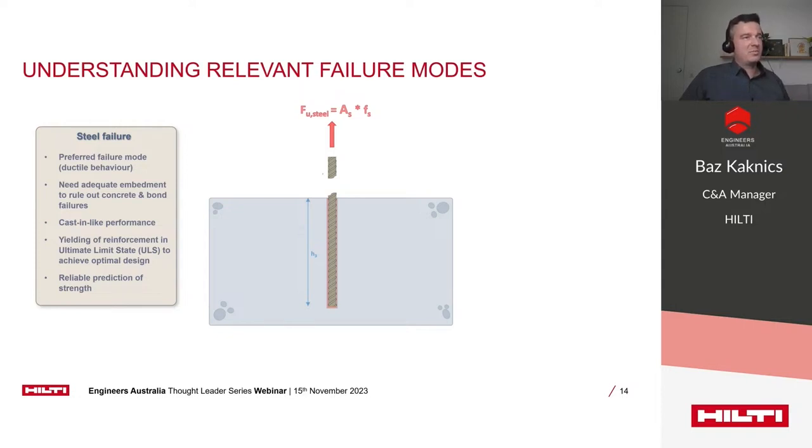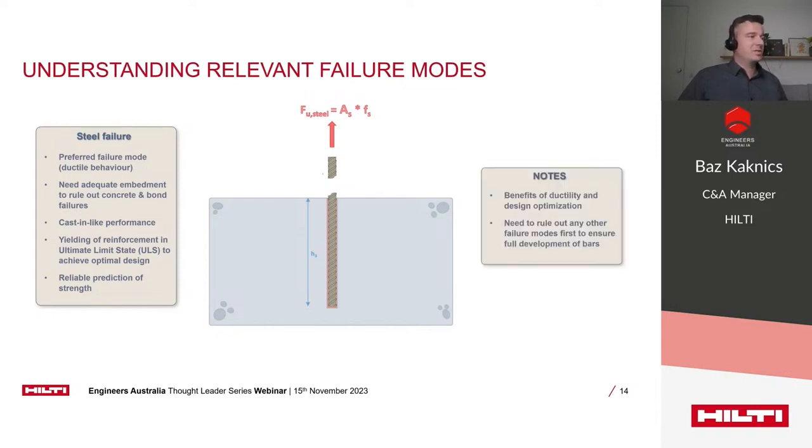It's well predictable by a relatively simple and reliable formula. One of the main benefits of fully developing the bars is to be able to utilize the bar's ductile reserves to achieve more ductility in the design. Also, by designing to the full yield of the reinforcement, the use of materials in a structure can be optimized, minimizing the overall costs as well as the carbon footprint of the build.